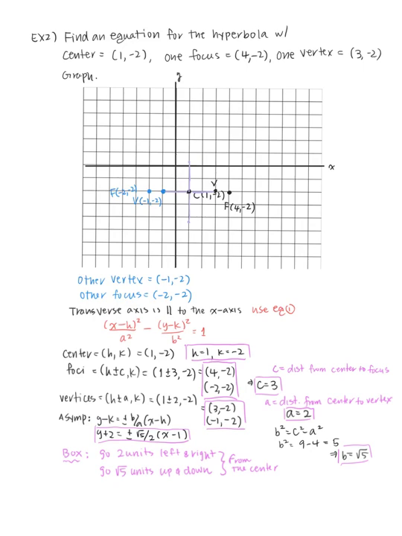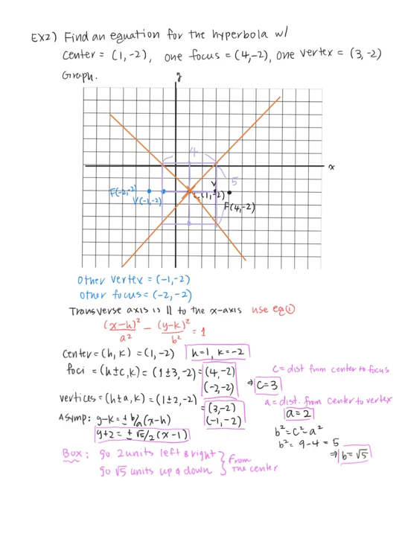Now I'm going to draw a box using those 2 lines. The distance here is 4, and this distance is going to be 5. Now the asymptotes are going to go from corner to corner of that box. Here are the asymptotes.